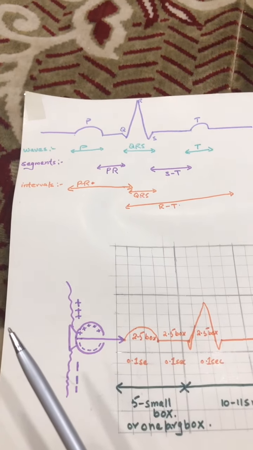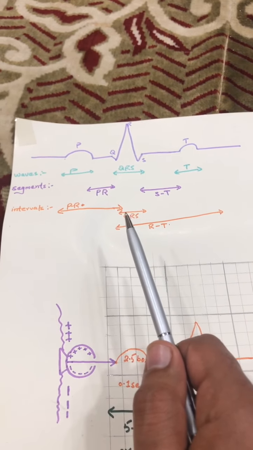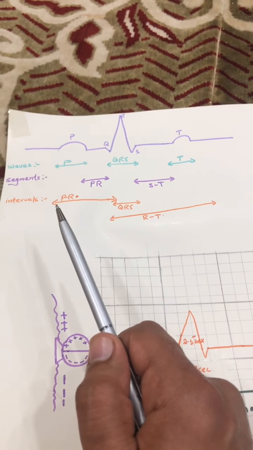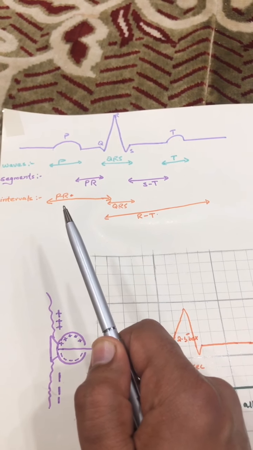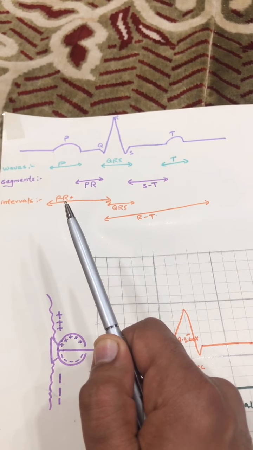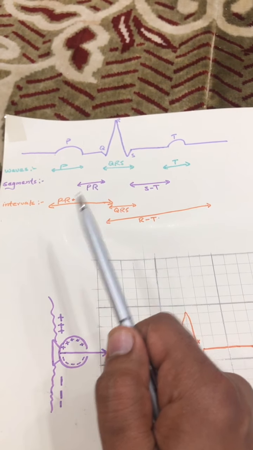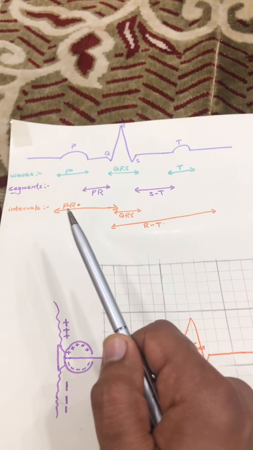Now we come towards the intervals. These are three intervals which are important for learning ECG. Remember that an interval is going to include at least one waveform, or one waveform and one isoelectric line, or two waveforms. So it is a kind of mix.